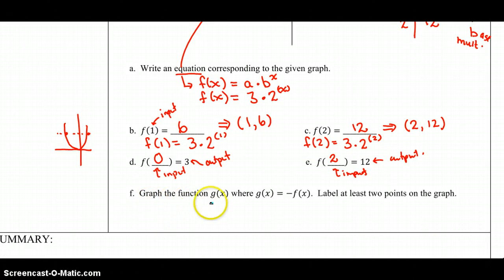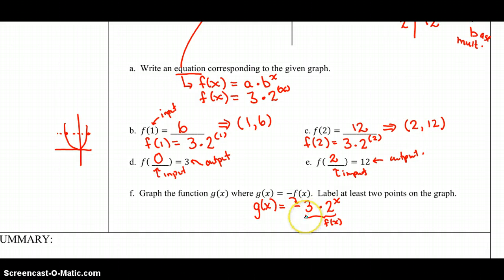So now we're asked to graph the function g of x, where it's just the opposite of our f of x graph, and label at least 2 points on the graph. This means our g of x is going to be negative 3 times 2 to the x. This was our f of x, and now we've got our negative in front.